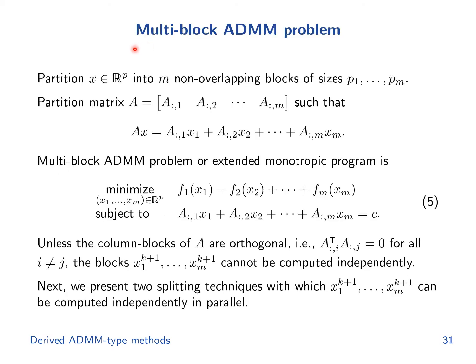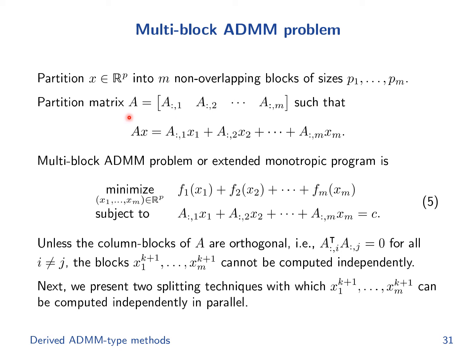Next, we're going to present two splitting techniques for a class of problem that we call the multi-block ADMM problem. Partition a p-dimensional vector into m non-overlapping blocks of subvectors. The i-th subvector has size p_i. The sum of p1 through pm equals p.